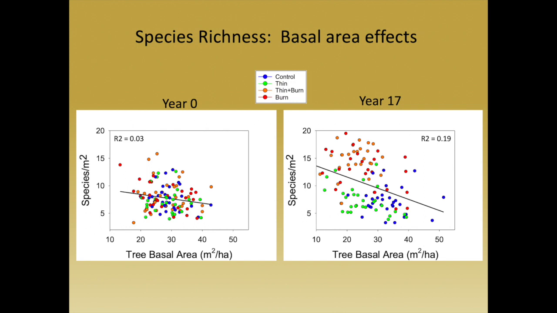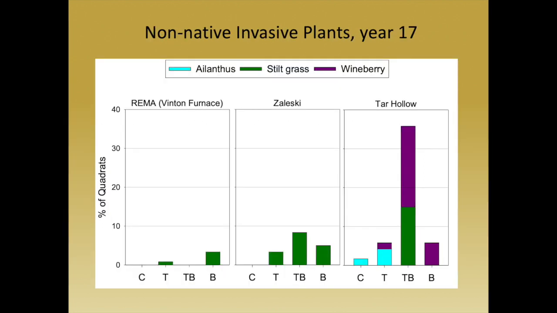But again, it's really that separation there. On the top of the line are the burn plots, on the bottom of the line are the thin and control plots. So in most cases, in our study anyway, the thin and the burn treatments really were the same, because we had those higher intensity fires that over time, the thin and the burn were very similar.